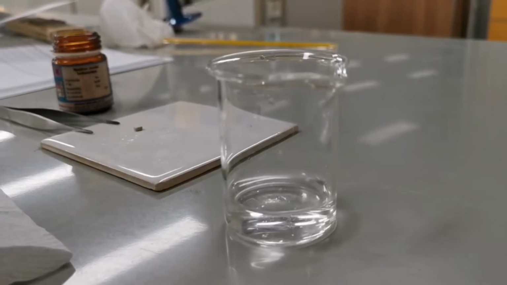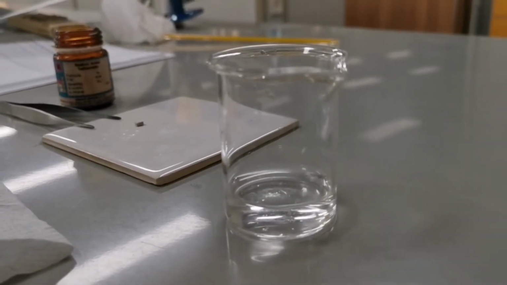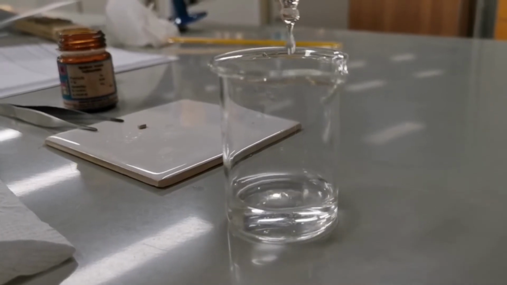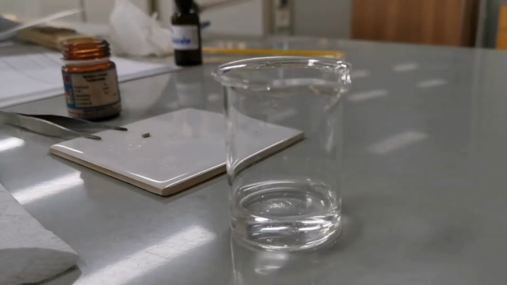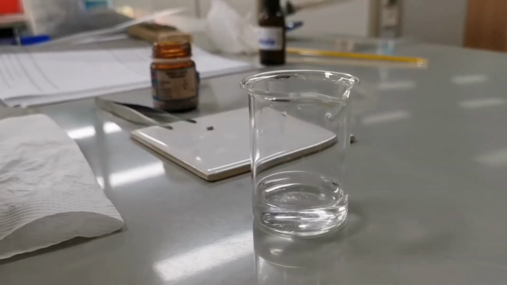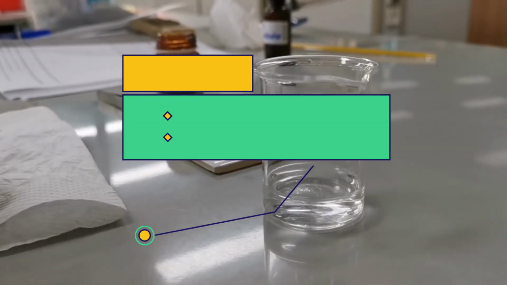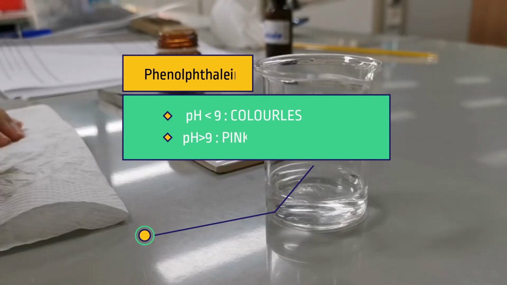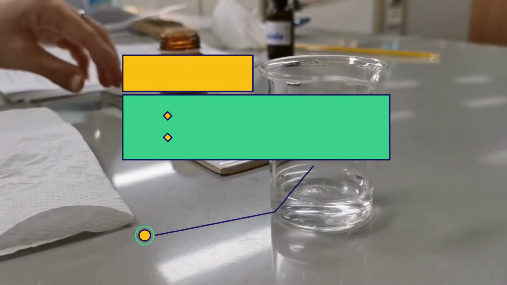Before we start the reaction, I'll add phenolphthalein indicator into our water. This time I use 10 milliliters of water. Phenolphthalein indicator is clear colorless below the pH of 8.5, but pink above pH of 9.